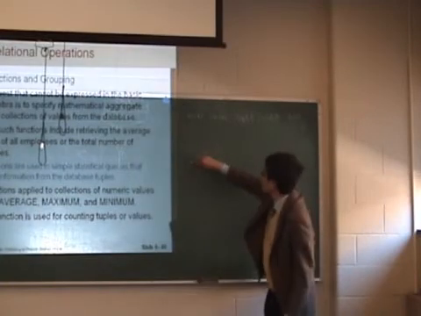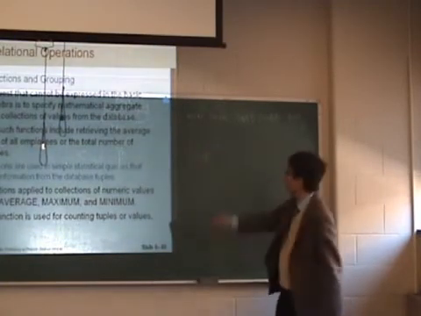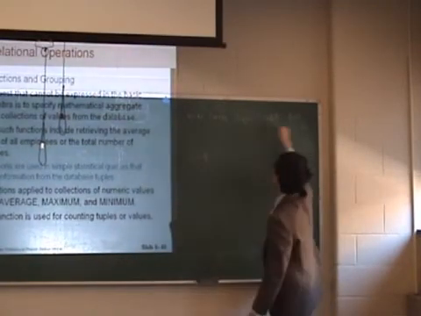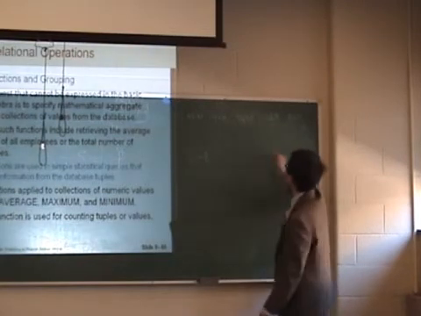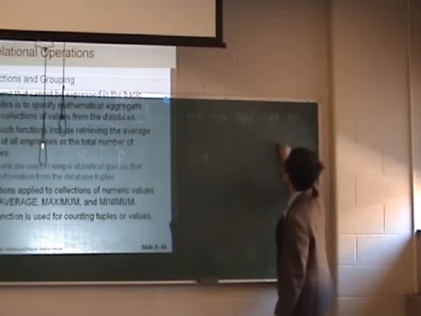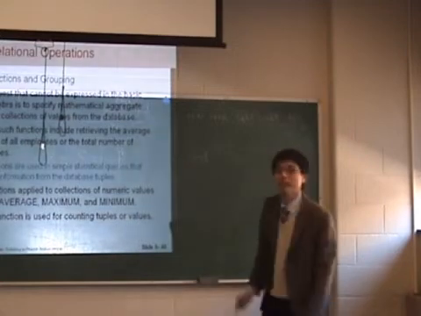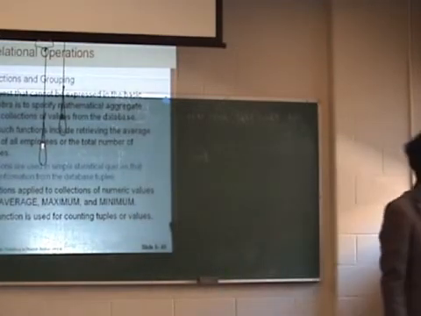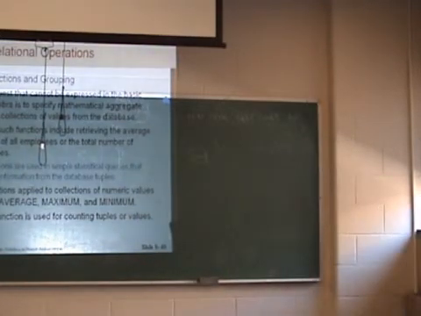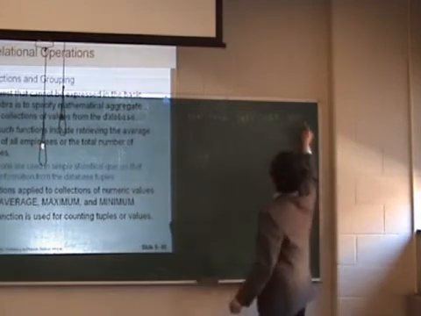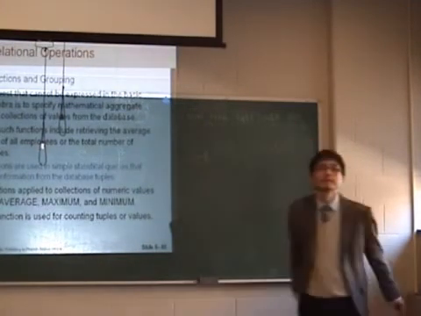You put the grouping factor on the left-hand side, and the right-hand side is the aggregate function and the relation. This is the aggregate function. It's very, very frequently used.